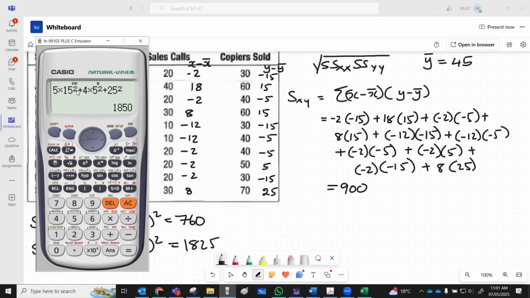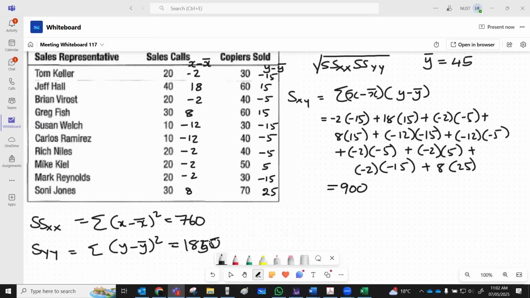So 5 15 squareds. And then the fives, and how many? 1, 2, 3, 4, 5, 6, 7, 8, 9, 10. Okay, so the fives, there's 1, there's 2, there's 3, there's 4. Okay, and then the last one is 25 squared. So here I'm getting 1850. So I'm hoping this is the correct one, but just check in case I made a mistake.